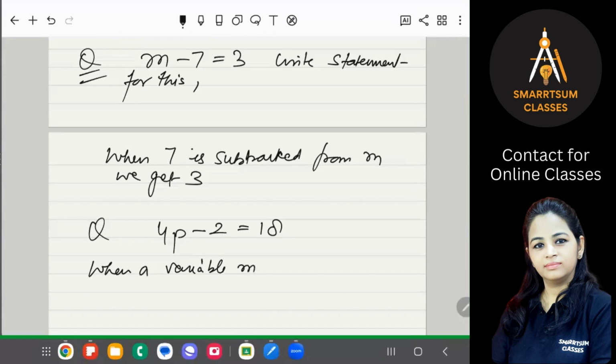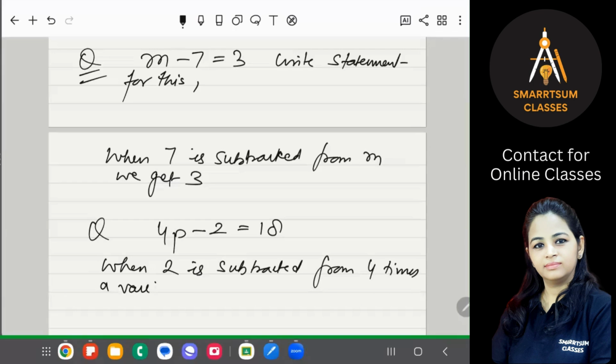When 2 is subtracted from 4 times of a variable p, we get 18. Is that clear? So in this way, we convert the given equation back into the statement form. Okay, this is another type of question which can come. Right.